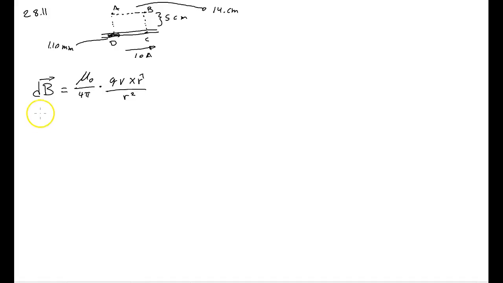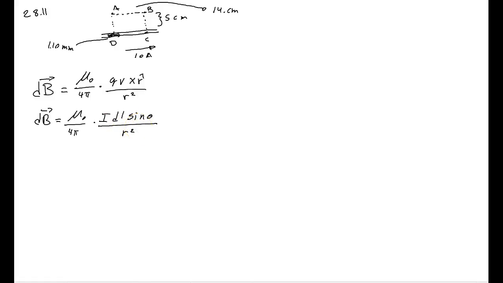It can also be written like this: the law of Biot-Savart, dB is mu sub naught over 4 pi times I dl sine of theta over r squared.